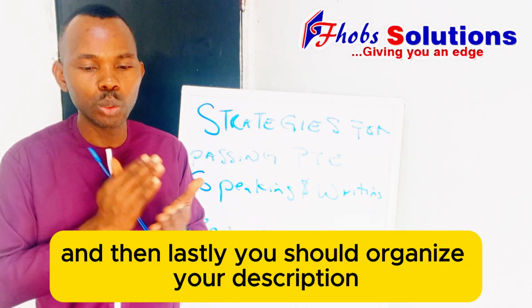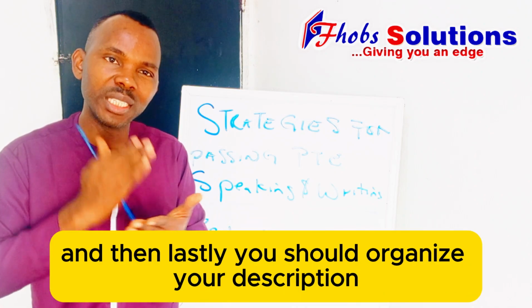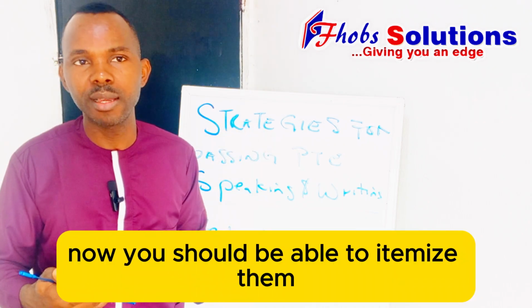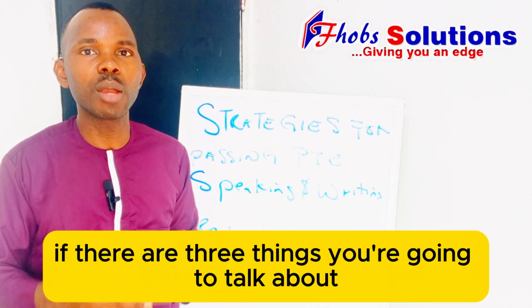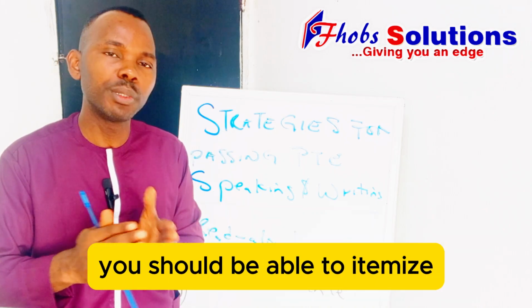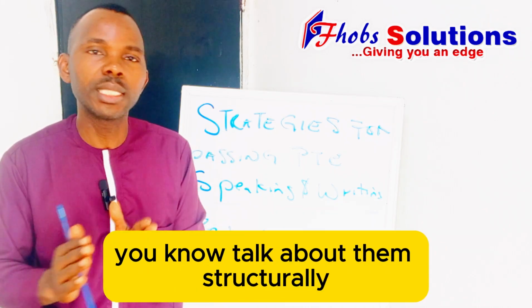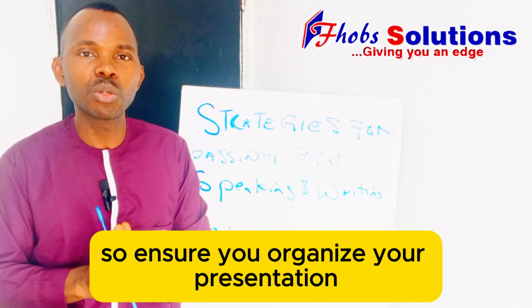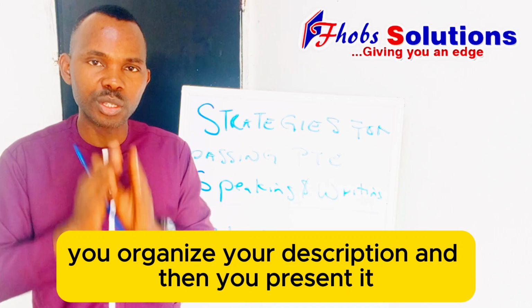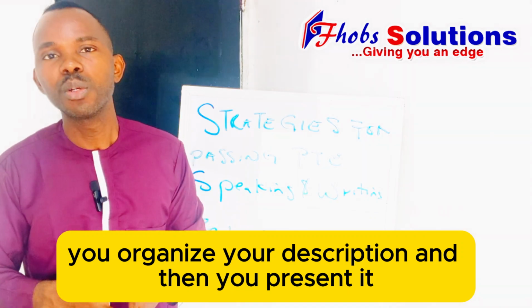And then lastly, you should organize your description. Now, you should be able to itemize them. If there are three things you are going to talk about from the image you are seeing, you should be able to itemize, talk about them structurally. So ensure you organize your presentation, you organize your description, and then you present it.